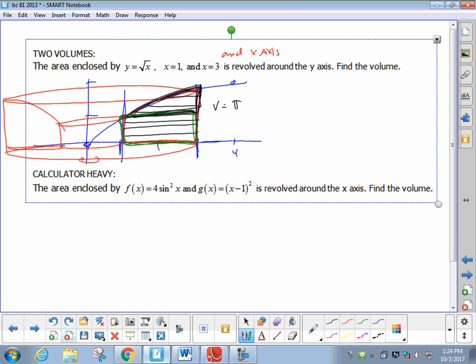Okay, so the lower region, pi big R squared minus little r squared, dx or dy here? Dy. All right, so for the lower region, look at all the radii. Big R, is it always the same or varying? Always the same. Big R is always the distance from the axis to the outer edge, which is 3.